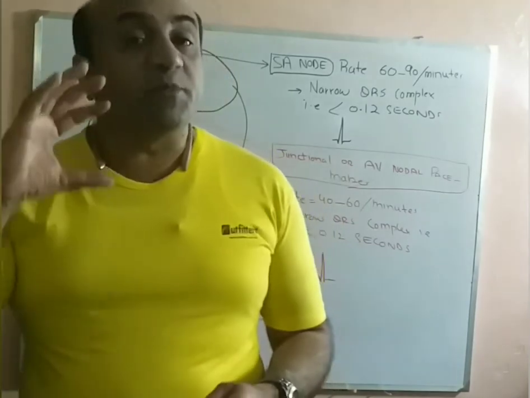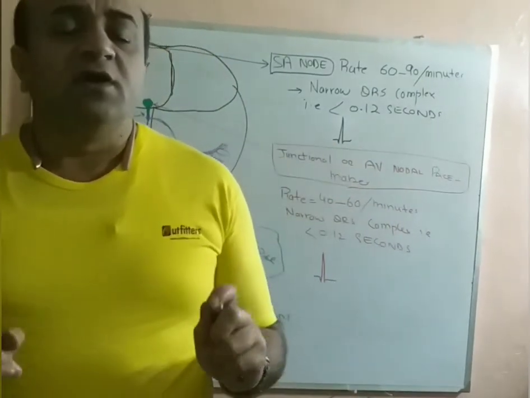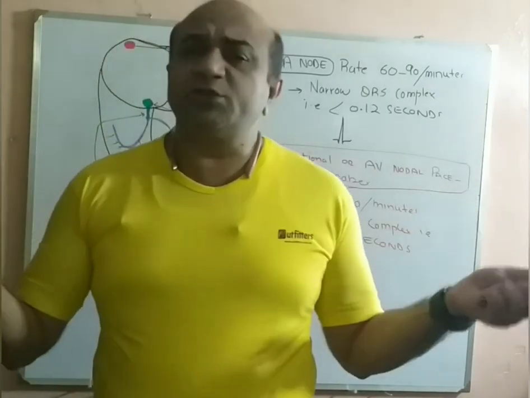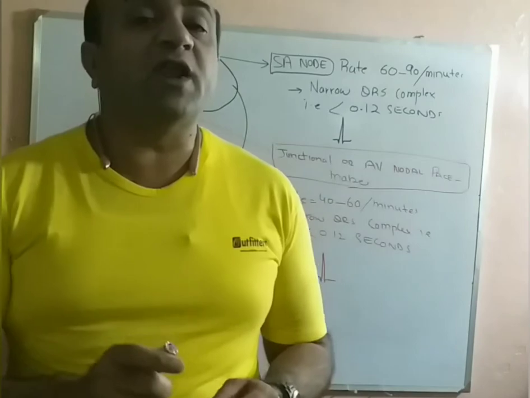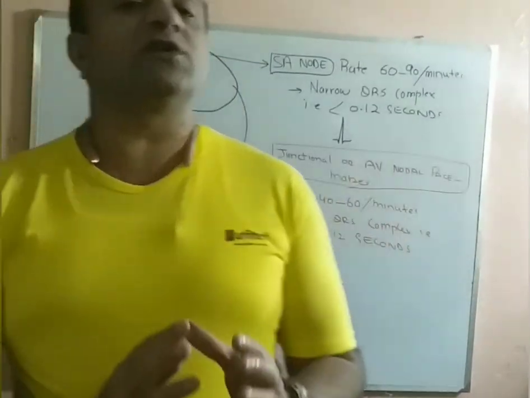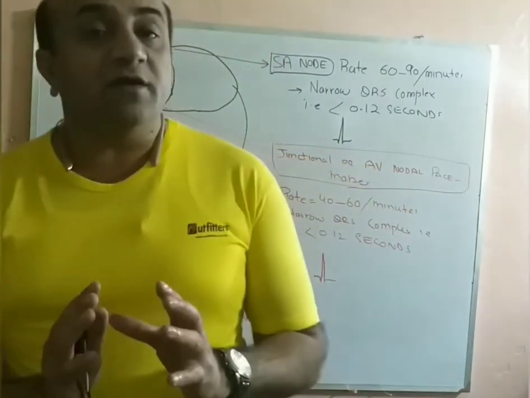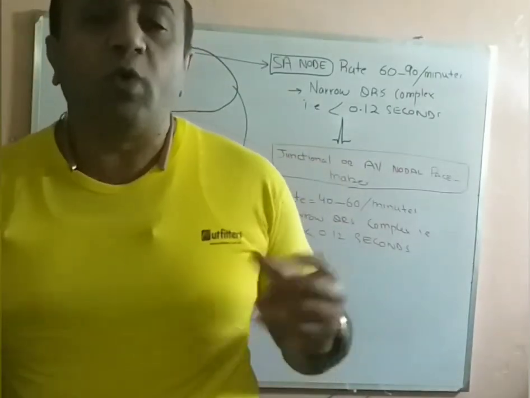So in complete heart block, the P to P rate will be normal, and let's see how the ventricle then tries to sustain. But one thing will happen: that marriage will end. The marriage which was associating P with the QRS complex will now end, and both the atria and the ventricles will be on their own. Why?